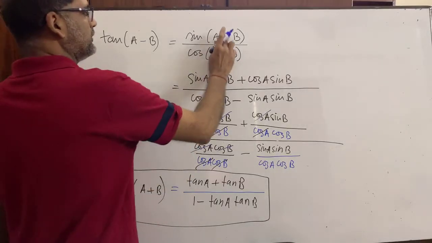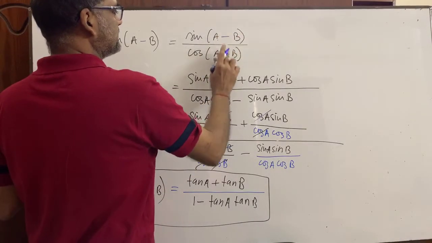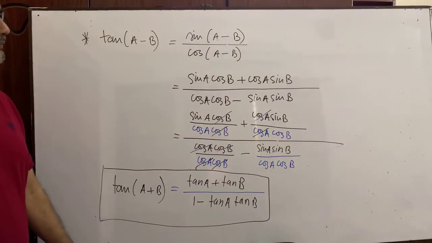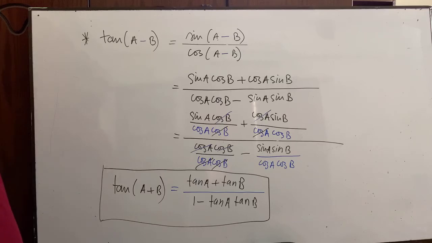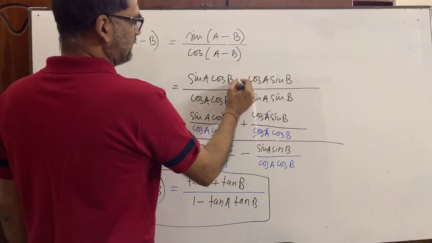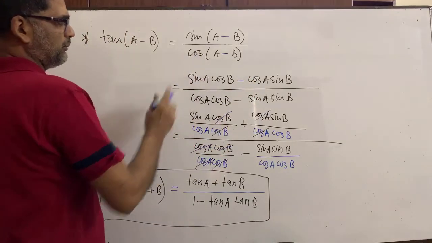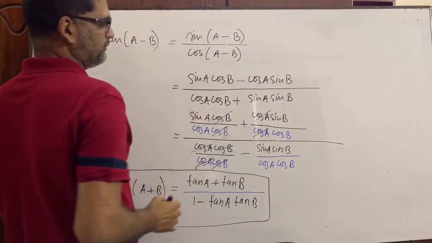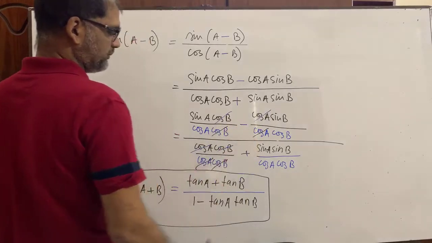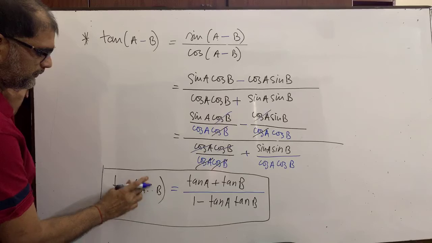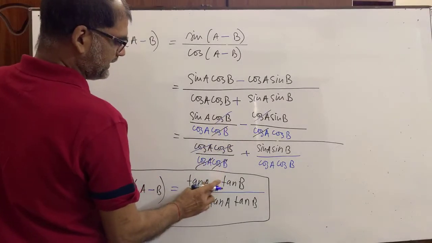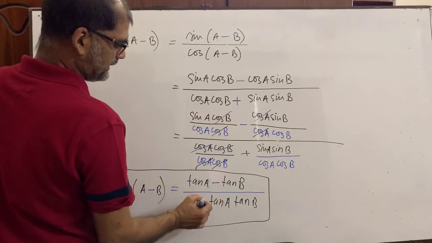And this is minus. This is minus. Have you seen? Okay? So, in the numerator it will be negative, in the denominator it will be positive. That means it is negative, it is negative, it is positive.